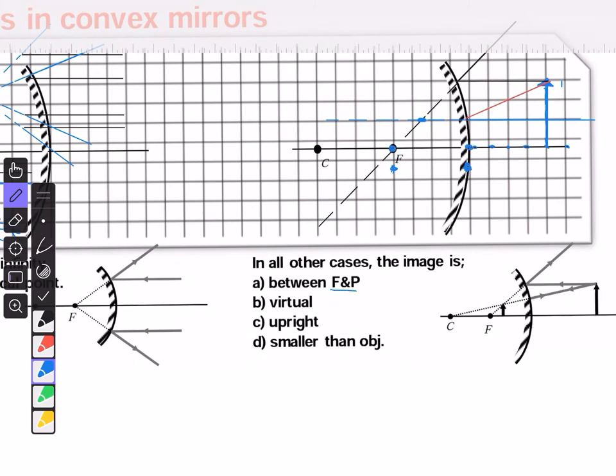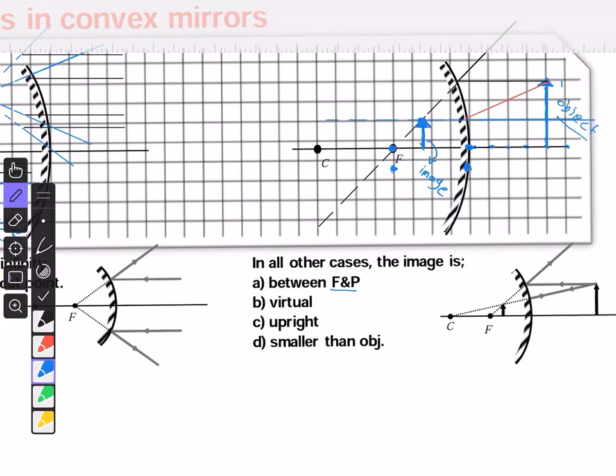So that is going to be the head of the object. So if it is the head of the image, that is going to be an image. Now I can compare. That is going to be an image, and that's going to be an object.